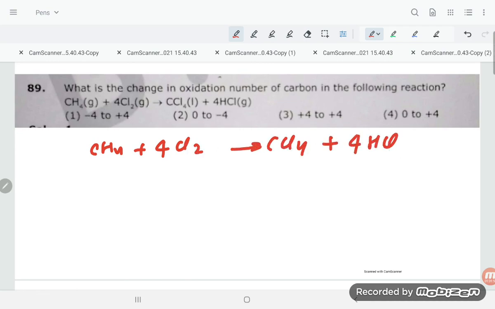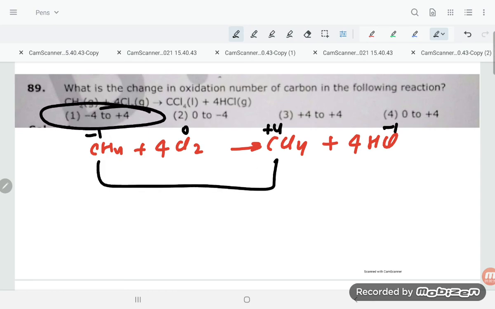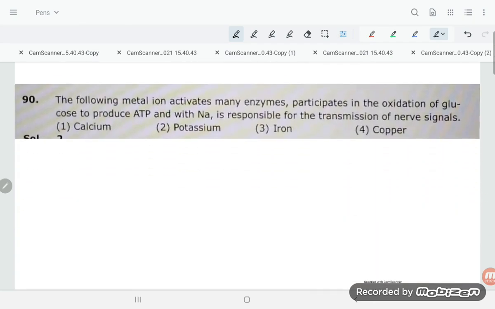Carbon in CH4 is -4, in CCl4 it is +4, and the others are 0 and -1. So the change in the oxidation number of carbon is -4 to +4. The correct option is option number A itself. Now let us move on to the last question.